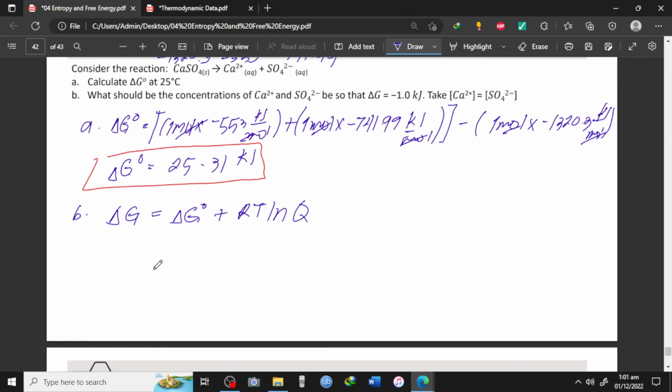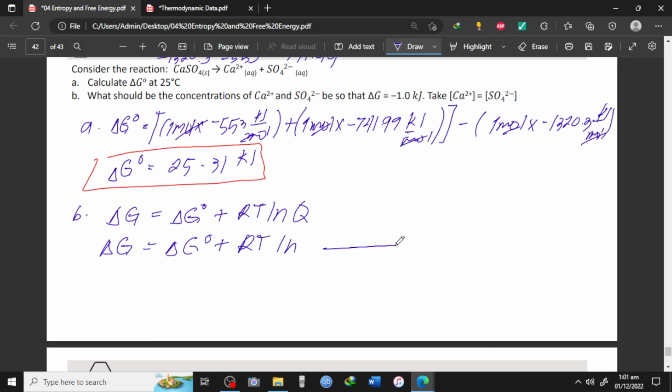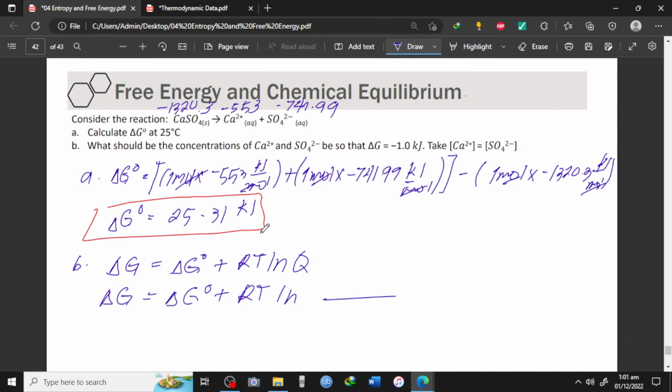In this case, isulat lang natin si Q, katulad ng practice natin last time. So, Q is the ratio of product over reactant. In this particular chemical equation, students, ang ginagamit lang natin or yung sinusulat lang natin for the equilibrium constant and the reaction quotient is yung mga naka-aqueous and naka-gas lang.